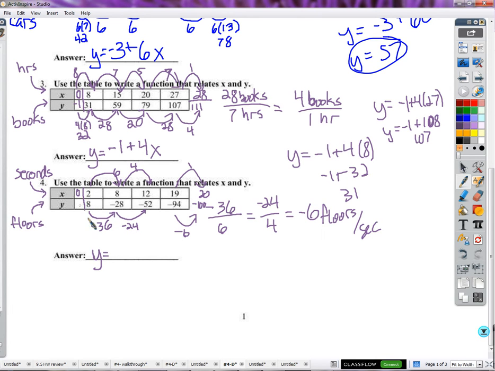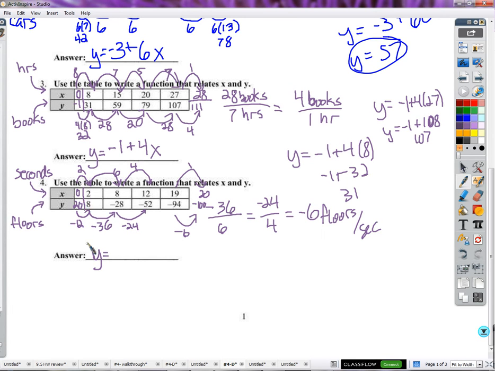Well, I'm going down 6 floors a second, and it's been 2 seconds. I'm on floor 8, right? If I go 6 floors in 1 second, I've gone down 12 floors in those 2 seconds. So I must have gone down 12 and gotten to 8, which means if I go back up 12, I was on the 20th floor when I started.